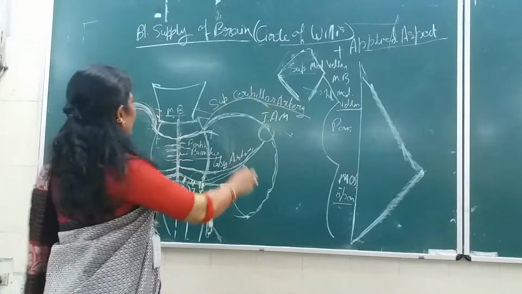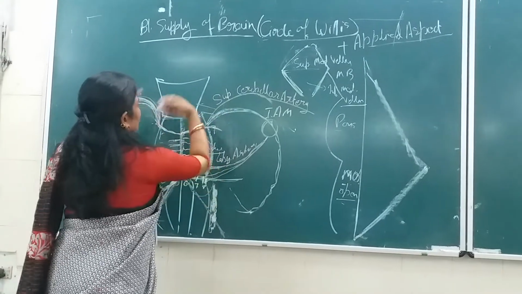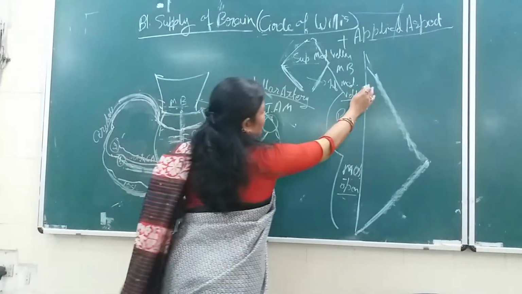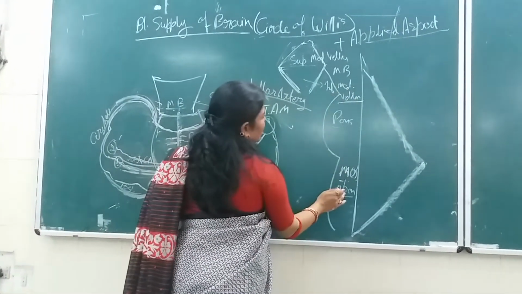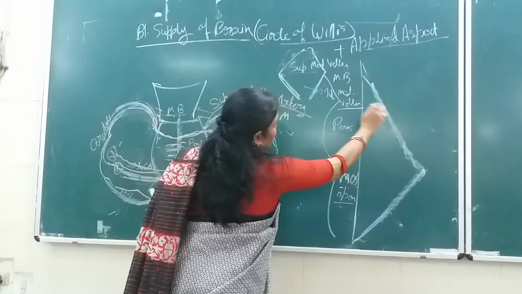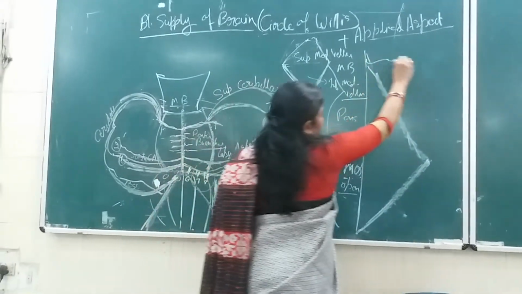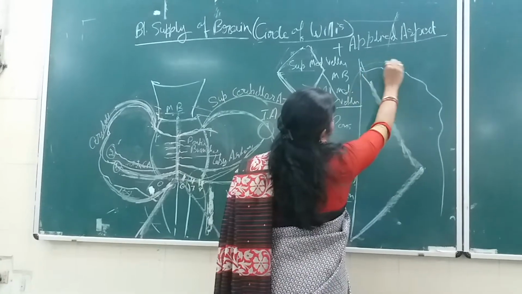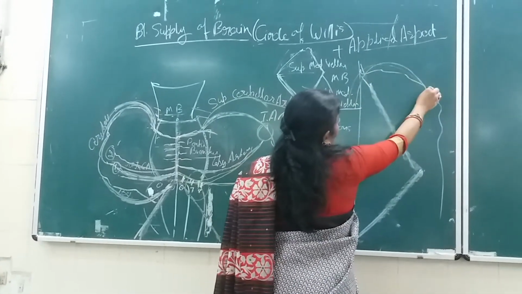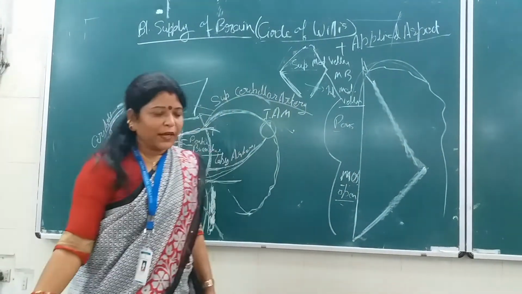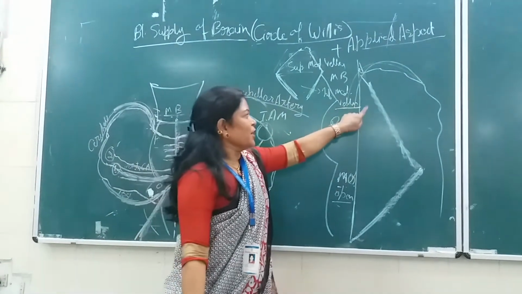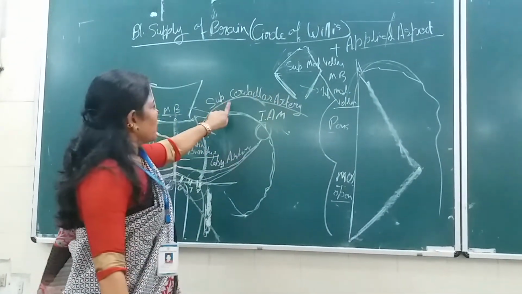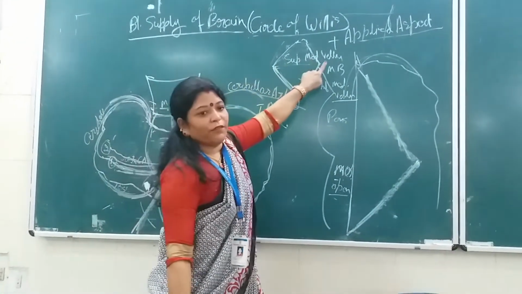Okay, because here on the dorsal aspect you will see the pons, here the medulla oblongata and the cerebellum. Okay, cerebellum here it is. So the artery which is supplying the superior aspect of this cerebellum will also take the charge to supply the superior medullary velum.